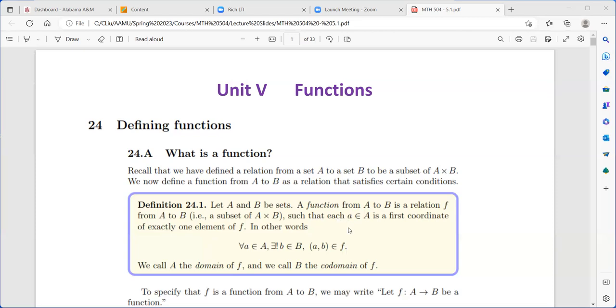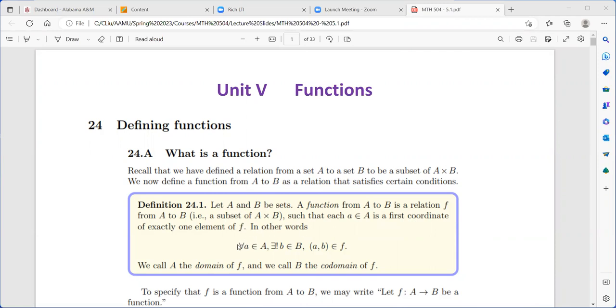First, when you define the function, it has to include all the elements in the first set. And second, it says it is the first coordinate of exactly one element, so it cannot appear twice as the first element in this relation.